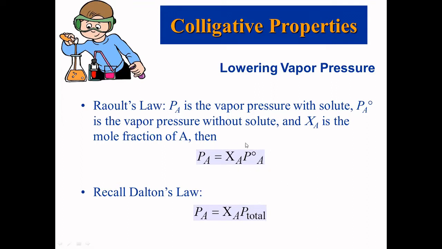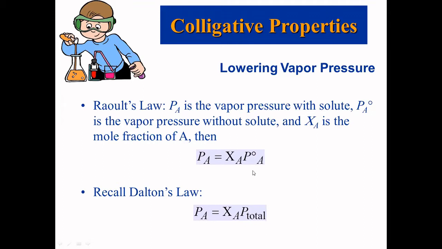If you multiply the original pure vapor pressure PA naught by a value less than 1, of course it will decrease from the original value to PA, because you multiplied it by a decimal value, a value less than 1. As such, it's the lowering of the vapor pressure. It's because of the mole fraction of the solute present in your solution.